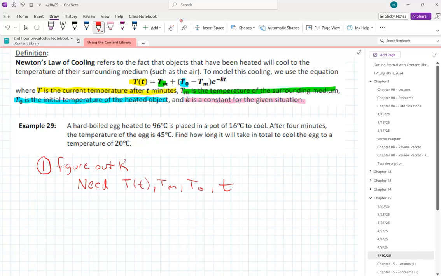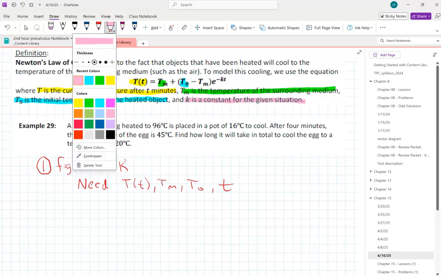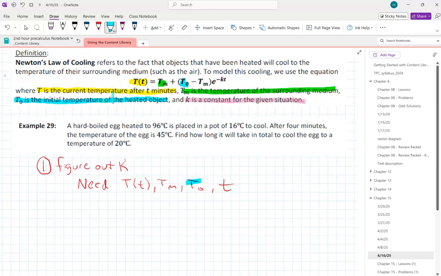And I think probably the easiest one to pick out to start is going to be that initial temperature. So what should our initial temperature be here? 96, the temperature of the eggs before they start cooling, right? Everybody feel good about that?